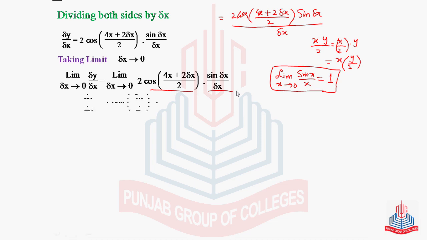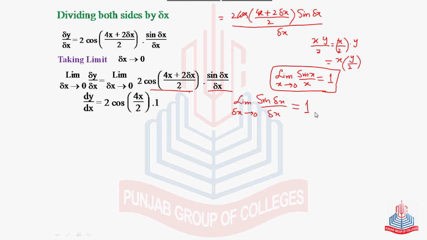So that will become dy by dx, which is the left hand side. The definition of dy by dx is equal to, when we apply delta x approaches 0 on this part, this delta x will become 0. We have 4x divided by 2, which is this one, into, when we apply limit here, limit delta x approaches 0 sin delta x whole divided by delta x, and this thing will become 1.